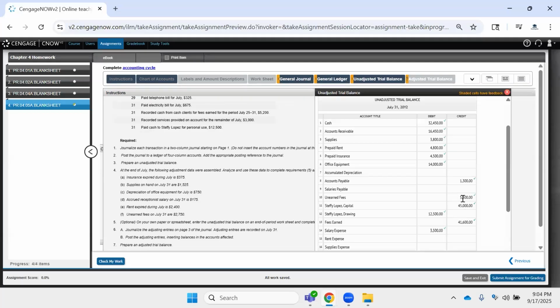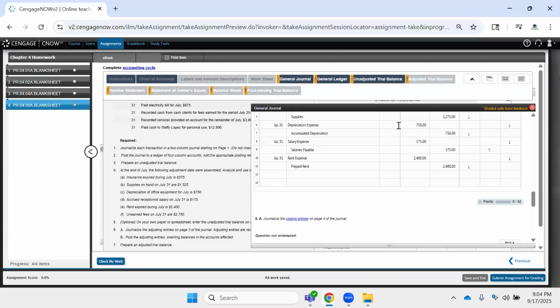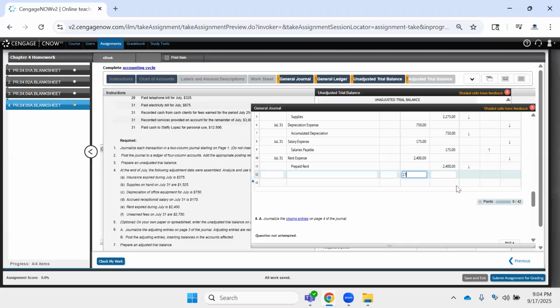Right, we have on our unadjusted trial balance 5,500. 5,500 minus 2,750, which says unearned fees on July 1st are 2,750. That's on our unadjusted trial balance, and that's going to go on our adjusted trial balance. But to get there, we have to calculate what it should be. And so taking 5,500 minus 2,750, we get 2,750.